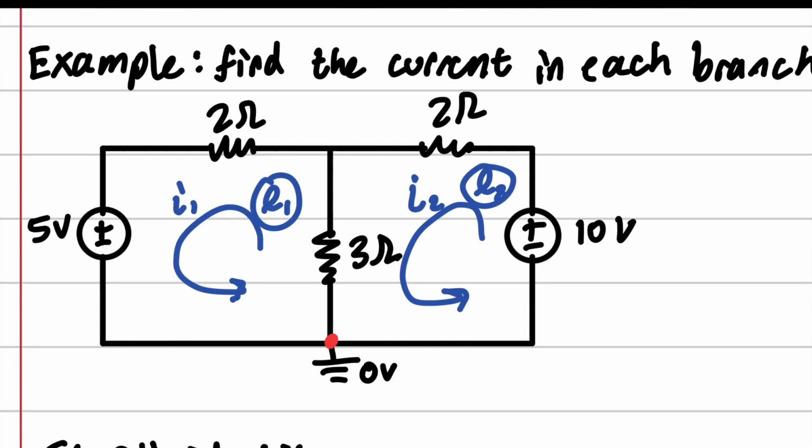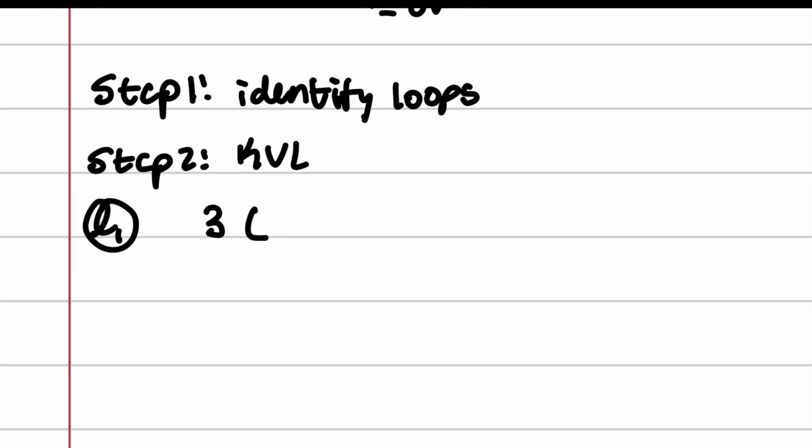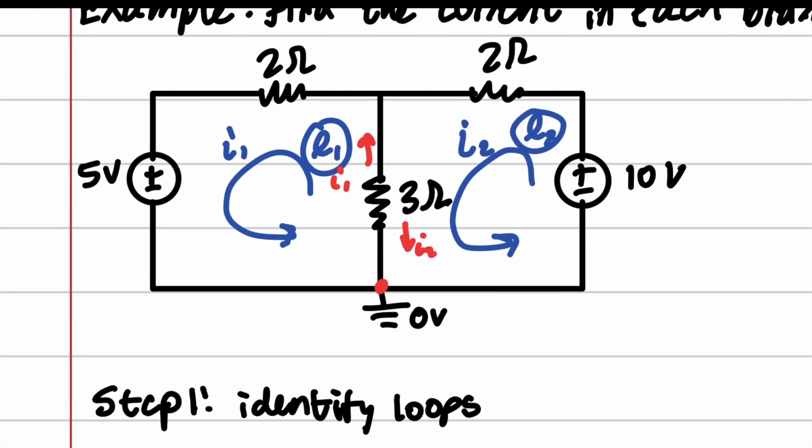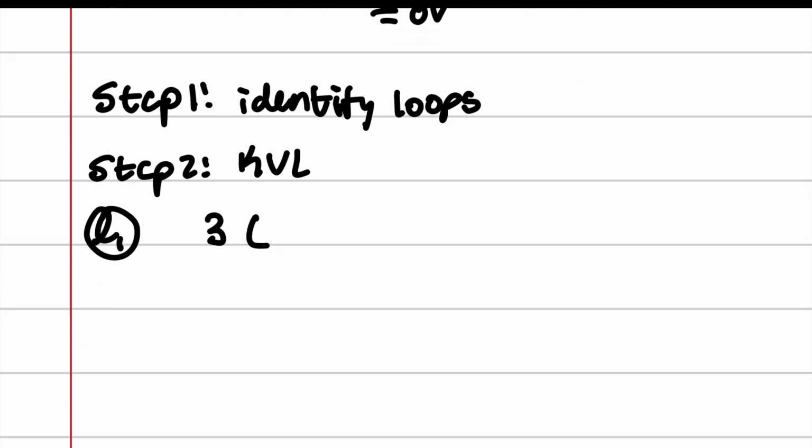And I'm putting parentheses here because notice that we have current I1 going up and we have current I2 going down. Now, my pro tip would be whichever loop that you're on, you're going to put that current first. So we're on loop 1, so we're going to put I1 first, and we're going to subtract I2 from it.